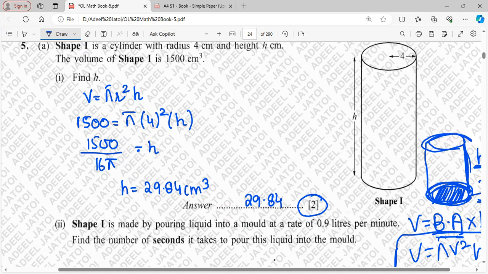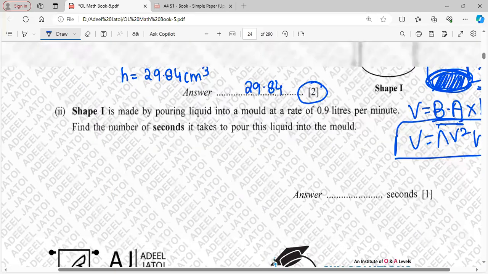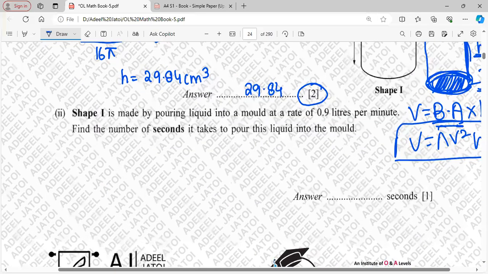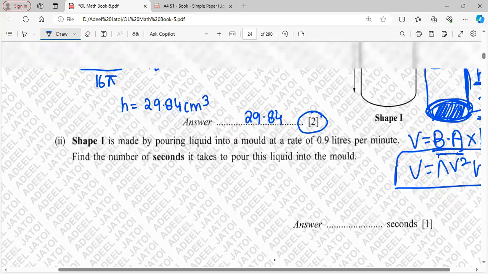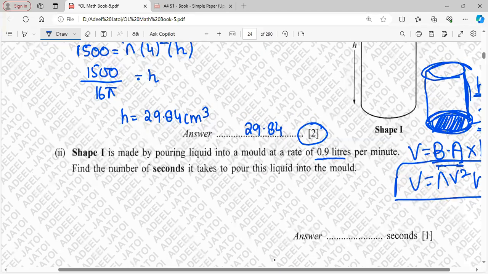Now, part 2. Shape 1 is made by pouring liquid in the mold at the rate of 0.9 liters per minute. Find the number of seconds it takes to pour this liquid into the mold.